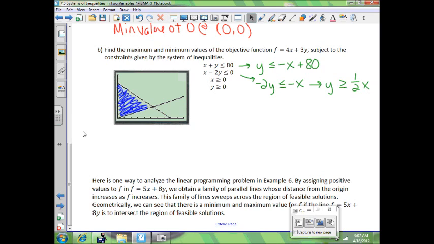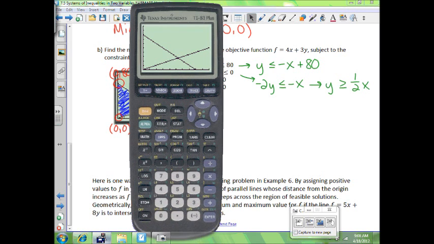So when we do this, we have to find these points. We have to find this point here, our y-intercept. Our y-intercept happens when x is 0, so that will be 80. So this point here will be 0, 80. This point here will be 0, 0. We also have to find this point here. So to find that point, we've got to find the intersection point.